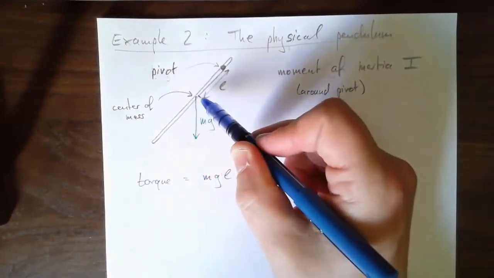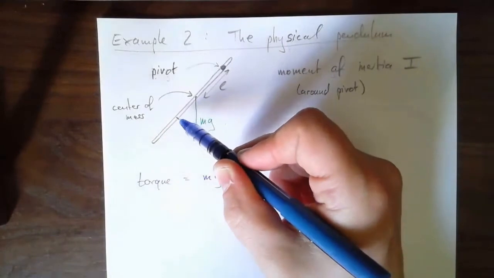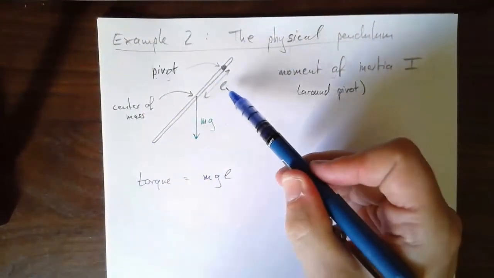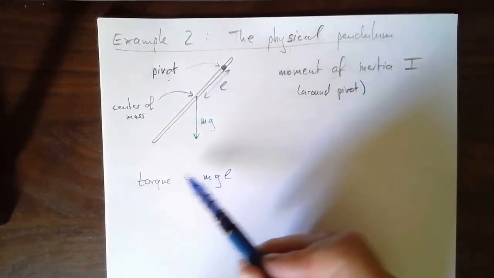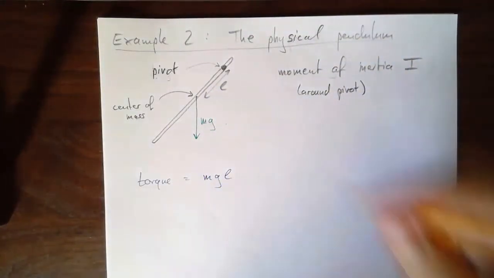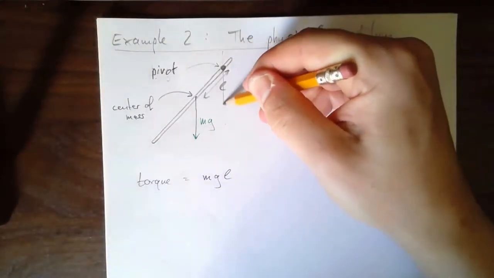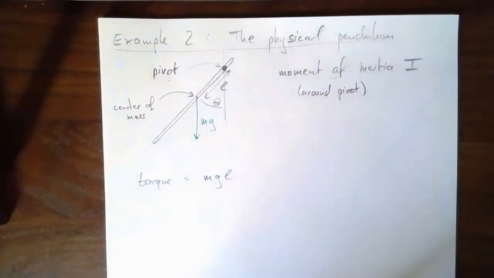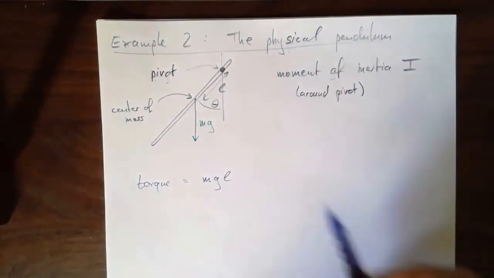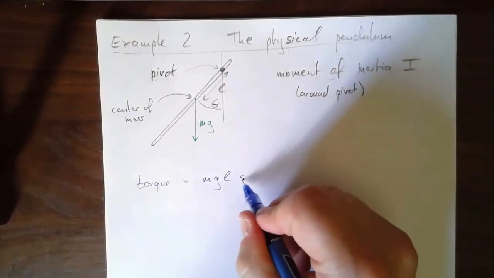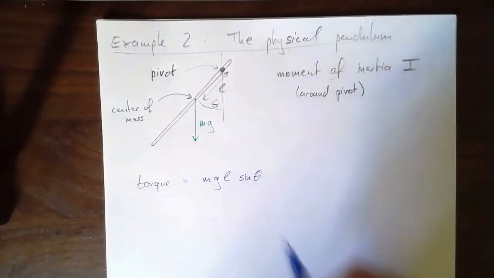Where is the center of mass? Is it bang in the middle? Is it further down, for example, if the bottom is heavier than the top? It depends. But the distance is lowercase l, and this is the torque, except I have to take into account directions. And now, if this here is some angle, let's call this angle theta, then hopefully you can see that the torque is going to be mgl sine theta.